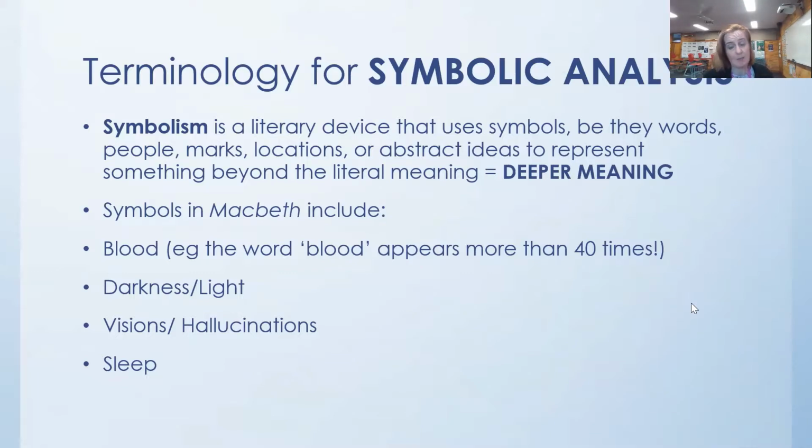Okay, and certainly Macbeth, as a text that reflects human life, is no different. Okay, so it's a literary device that uses things, but those things could be words, people, props, to represent ideas that are bigger and more important than the literal meaning of a thing.